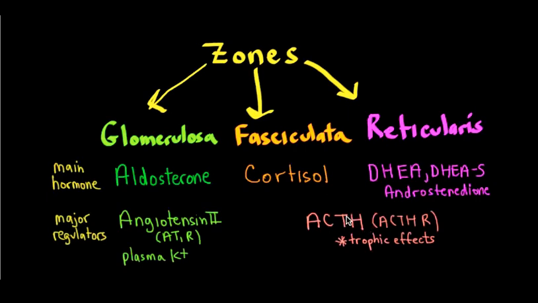Okay, so the thought is that ACTH, adrenocorticotropic hormone, that's coming out of the corticotrophs of the anterior pituitary, acts on ACTH receptors that are found on the fasciculata and reticularis and stimulates steroid hormone synthesis.